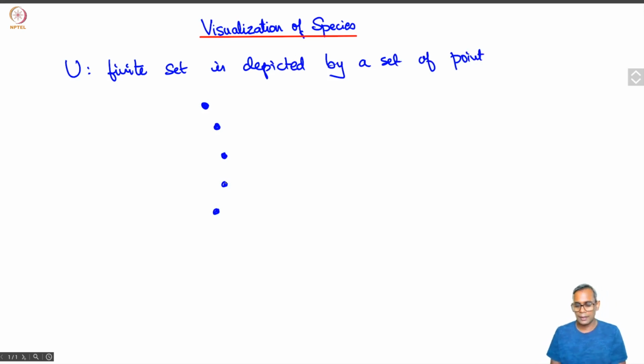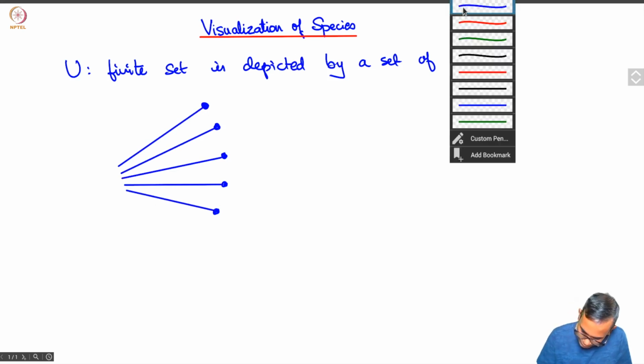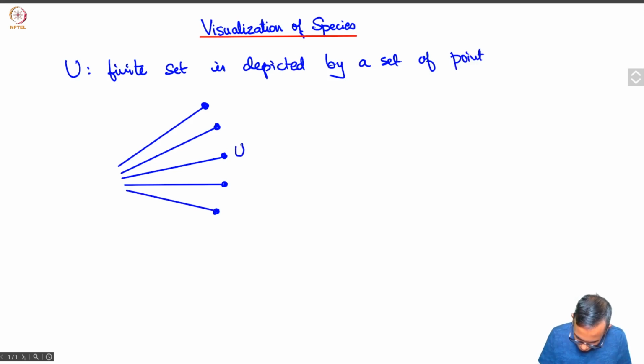And one way to put an F structure on this, the visualization, is to draw it like this. So these dots are the points of view. Maybe I should write here. These are the points of view.